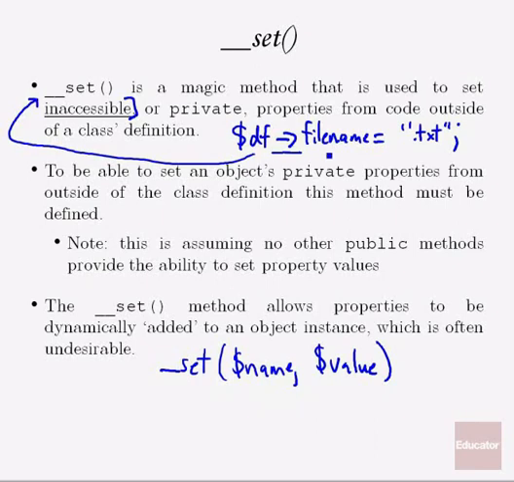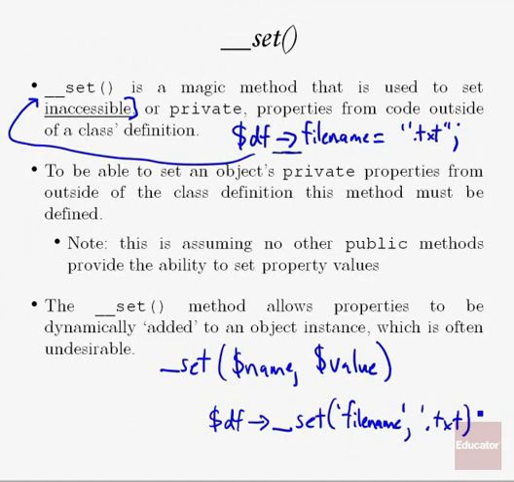So in this case, when we try to access this up here, what we're actually doing is calling df->__set, passing it filename, which is the name of the property we're going to set, and then the value we're trying to set it to. So this is essentially how this set magic method works.